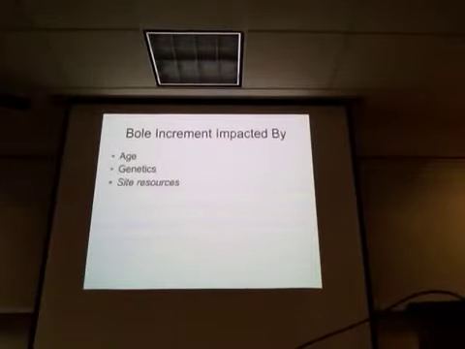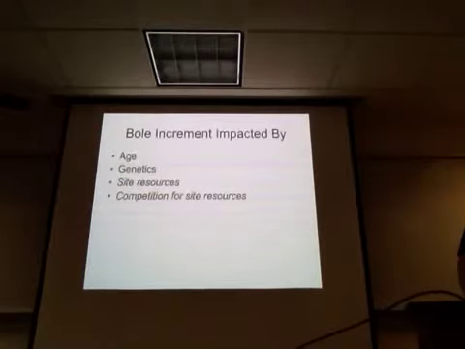Site resources, just as we talked about at the stand level. Site resources available to the individual tree. So it's how much resource is the site going to make available, and then how much competition is that tree going to undergo for utilization of those site resources. So it's not surprising that those two factors show up again.